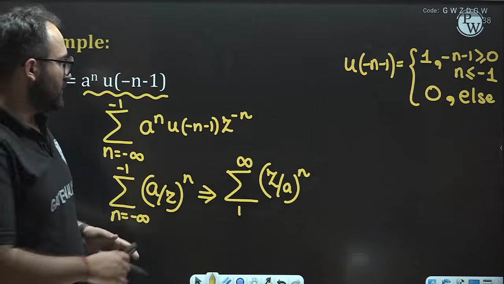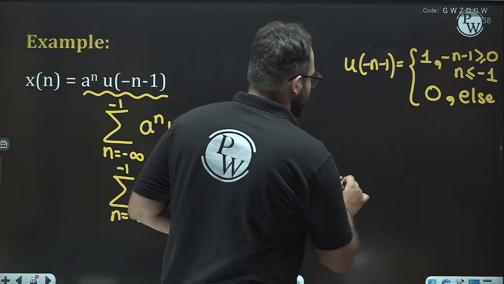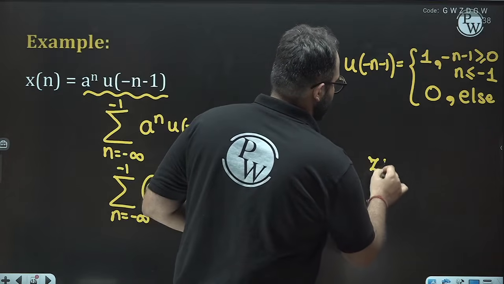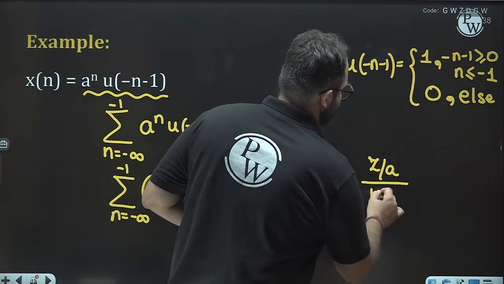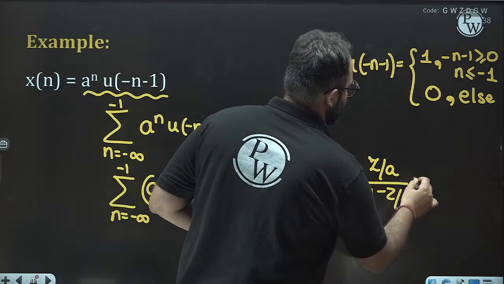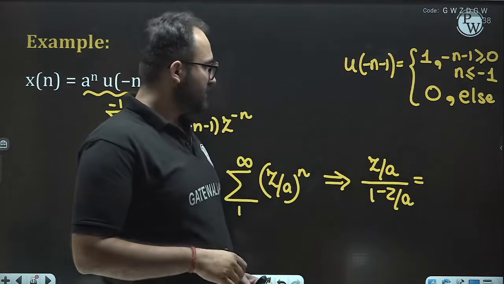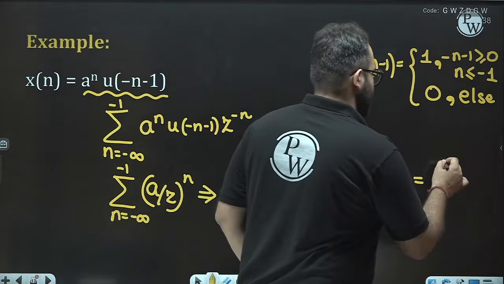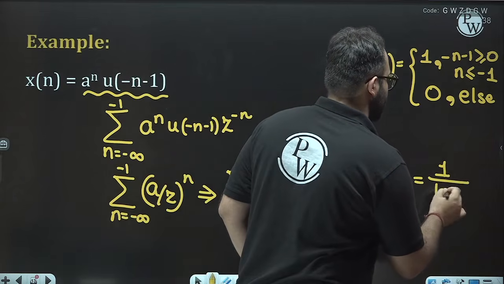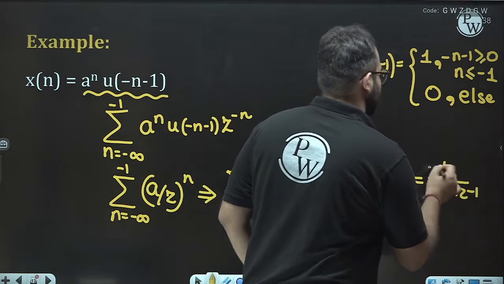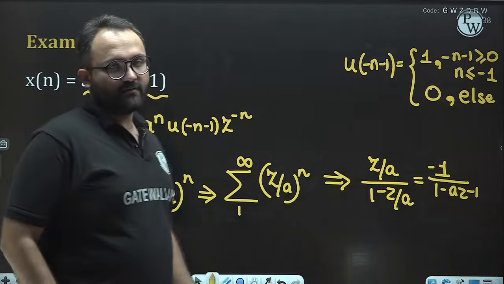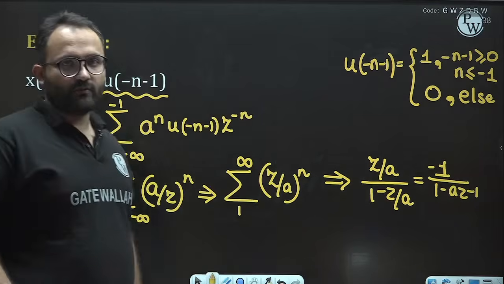Using the infinite GP summation, this will become z upon a upon 1 minus z upon a, and if we solve this by taking some common, we get the same expression with the minus sign: minus 1 upon 1 minus a z inverse.